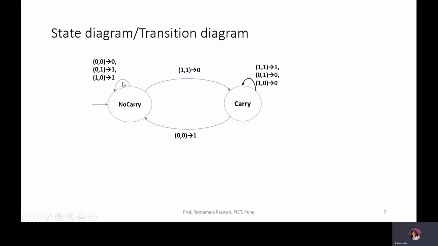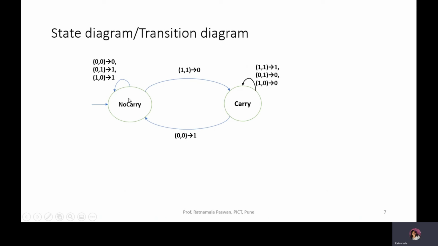Similarly, 0 plus 1 plus 0, a 3-bit addition. The output is 1, but again there is no carry, so it remains in the same state. Again 1 plus 0 plus 1, same result, no carry. The output is 1 and it is in the same state. Now the fourth input is remaining, that is 1, 1.